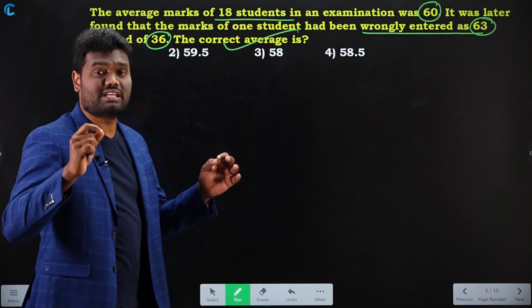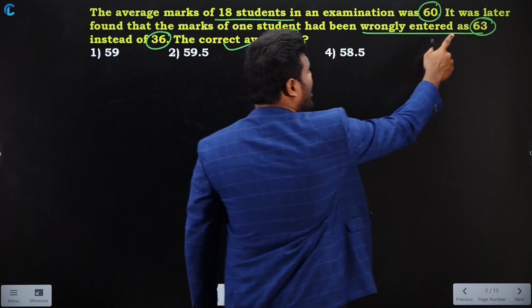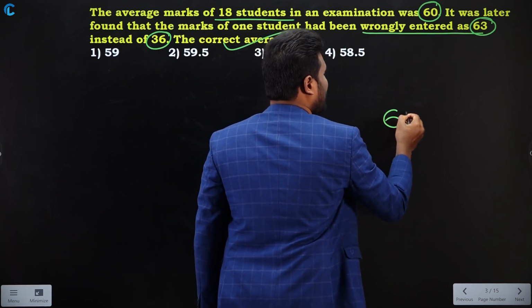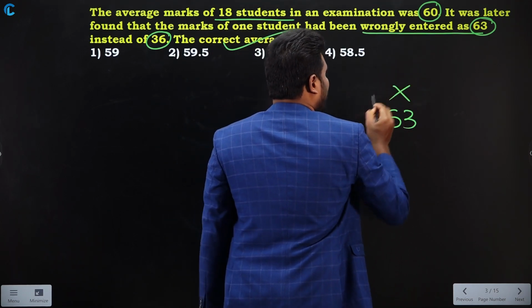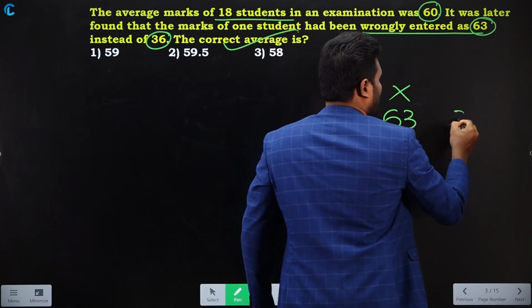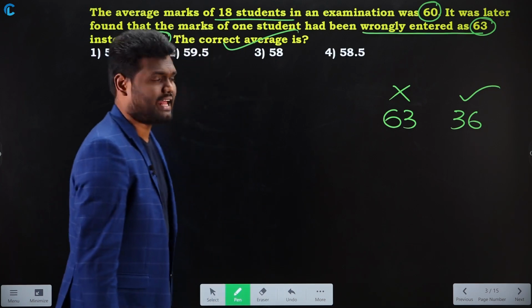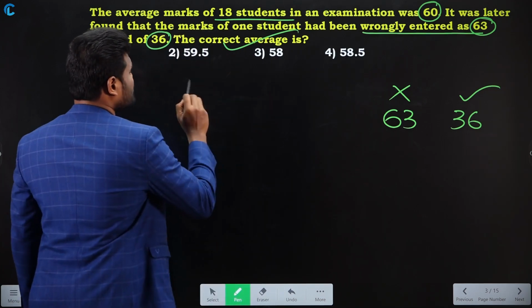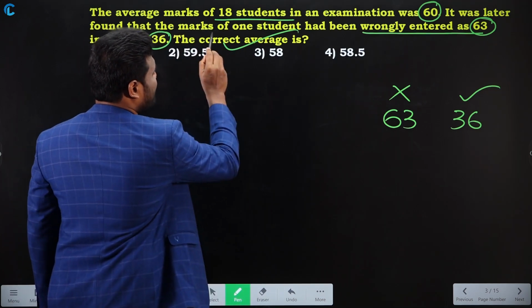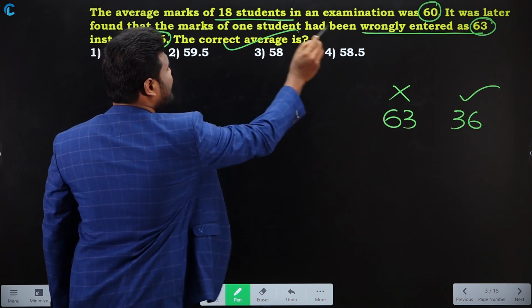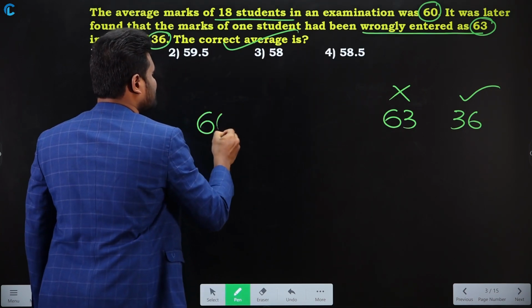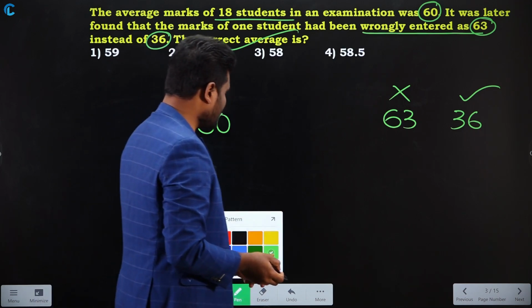So we are asked to find the correct average. Look here, wrongly entered as 63, instead of 36. Which means the correct value is 36, but it was wrongly entered as 63. Now your question is to find the correct average for these 18 students. The given average is 60, but we are supposed to find the correct average.